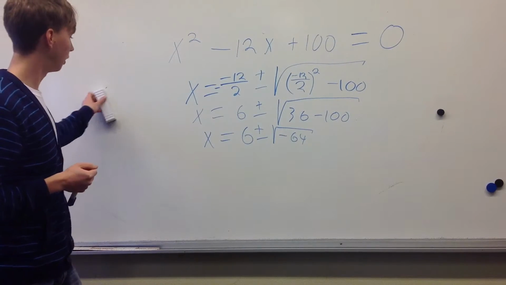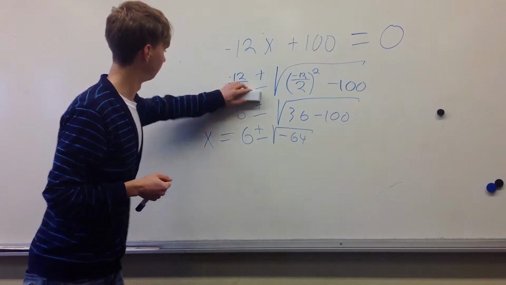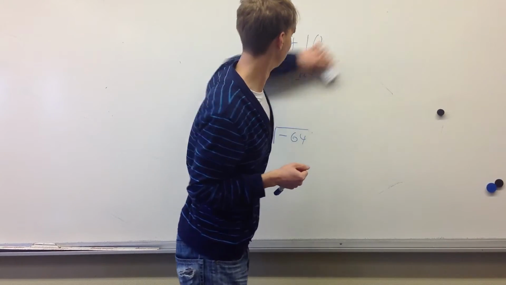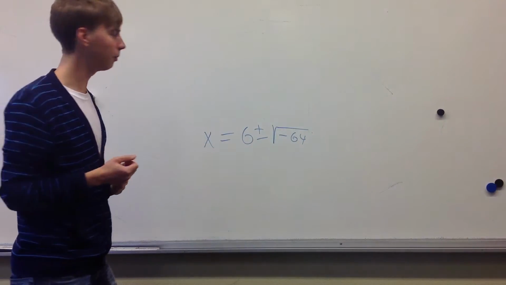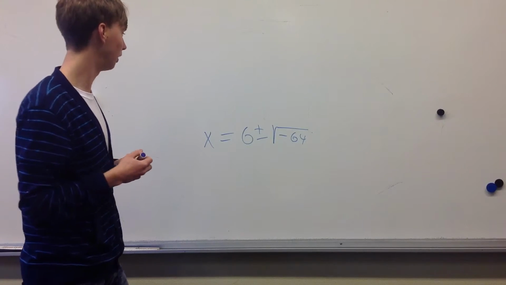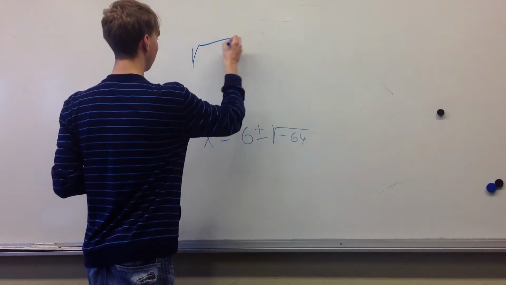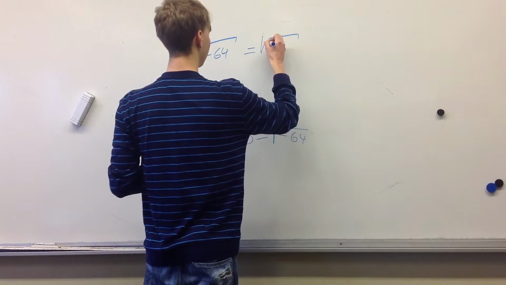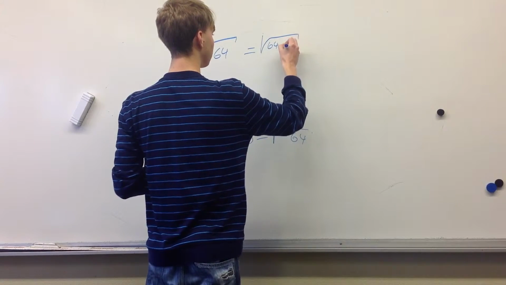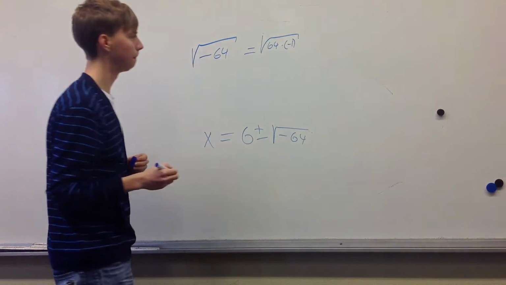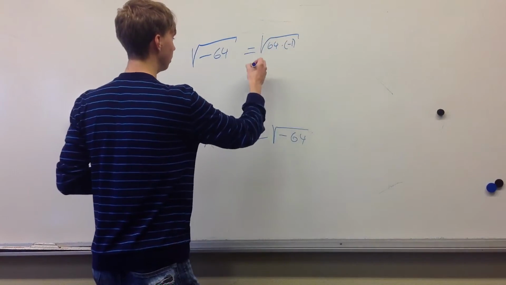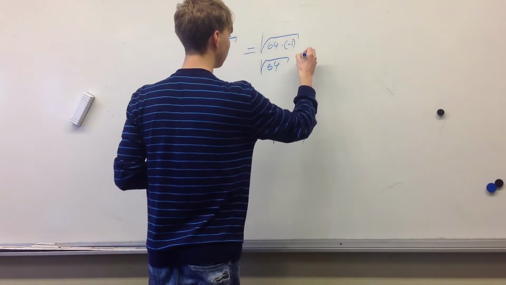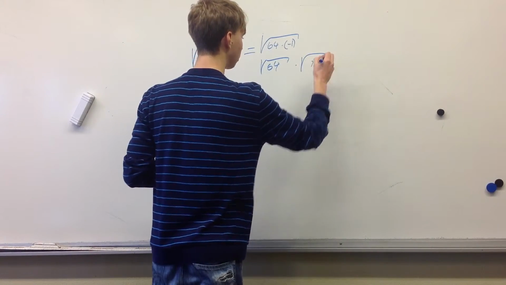Now, if you want to continue solving this problem, we have to implement i, and we can easily see that the root of minus 64 equals the root of 64 times minus 1, and this reduces down to the root of positive 64 times the root of i squared.